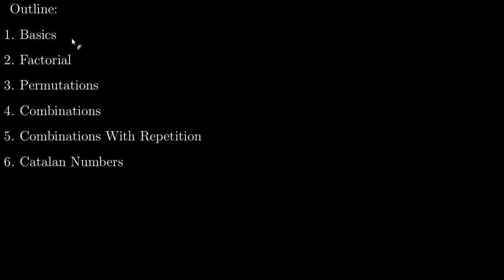And then from there, talk about factorial, which would be a sort of high school thing, permutations, combinations, and try to go a little bit deeper with these, make sure that everything is completely understood, and then sort of some special, little tricky thing with the combination with repetition, and a little exploration of Catalan numbers. So let's start off with these basics.